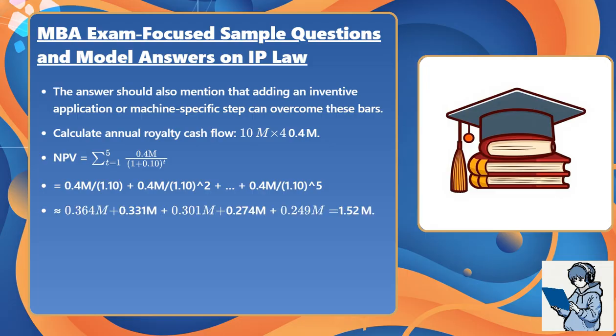Approximately 0.364 million plus 0.331 million plus 0.301 million plus 0.274 million plus 0.249 million equals 1.52 million. Thus, the NPV of the licensing stream is approximately 1.52 million.